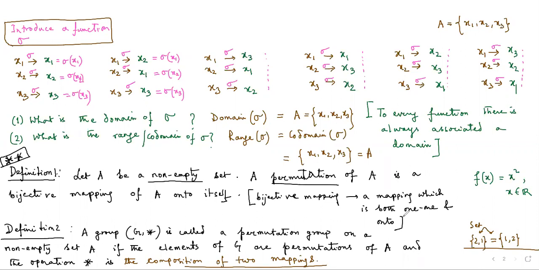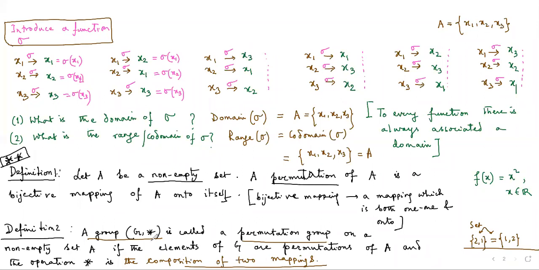So when we talk about the algebraic structure (G, star), which is a group, it's called a permutation group, where G will contain all the permutations defined on the non-empty set capital A, and the operation star over here will be the composition of two mappings.